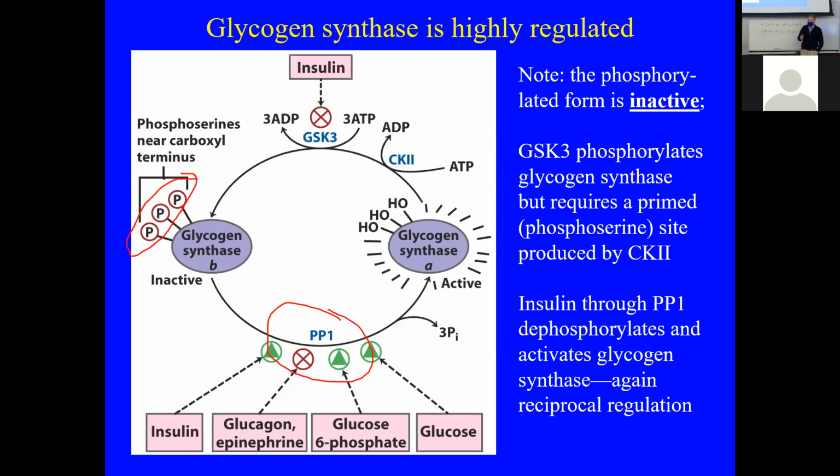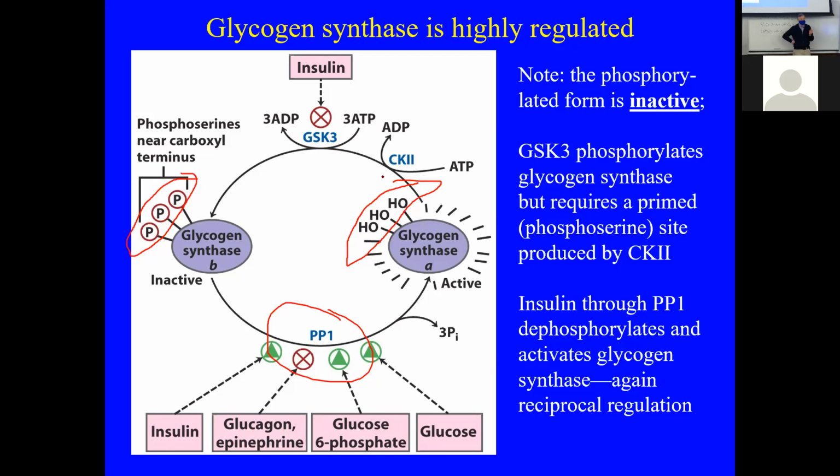Now, the inactivation of glycogen synthase is more complicated. Somewhere out there, it is under glucagon and epinephrine's control, but the exact mechanisms are unknown at this time. Suffice it to say that the glycogen synthase has a series of serines that are 4 amino acids apart.